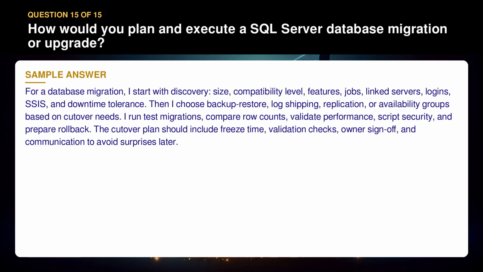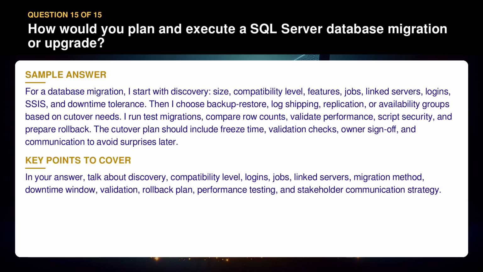I run test migrations, compare row counts, validate performance, script security, and prepare rollback. The cutover plan should include freeze time, validation checks, owner sign-off, and communication to avoid surprises later. In your answer, talk about discovery, compatibility level, logins, jobs, linked servers, migration method, downtime window, validation, rollback plan, performance testing, and stakeholder communication strategy.